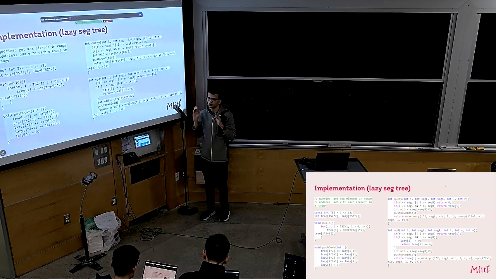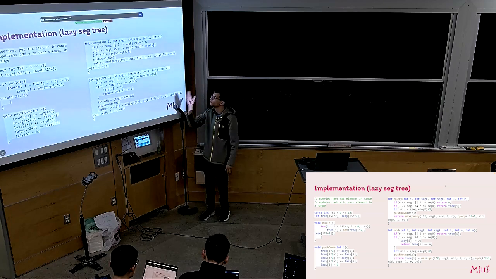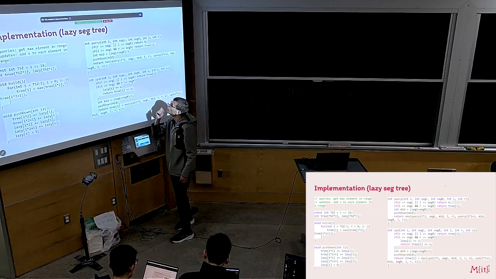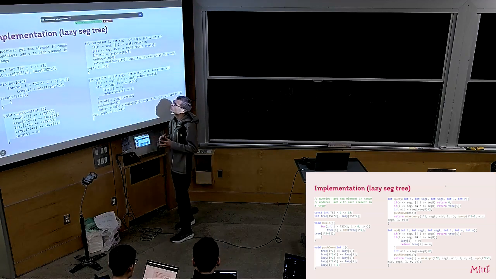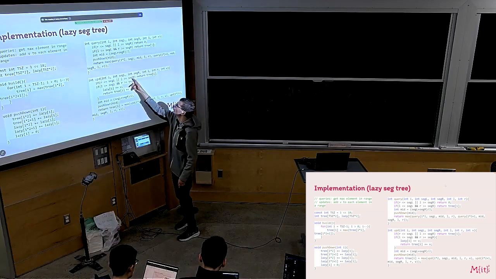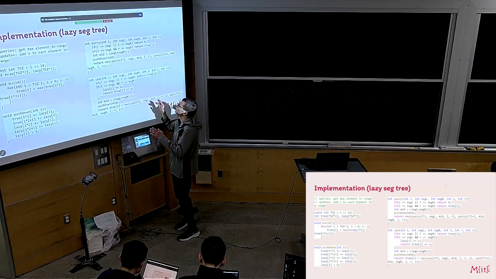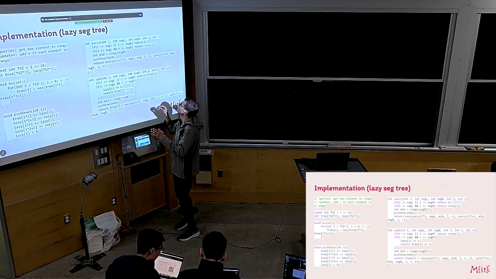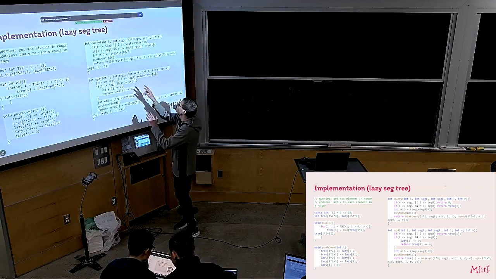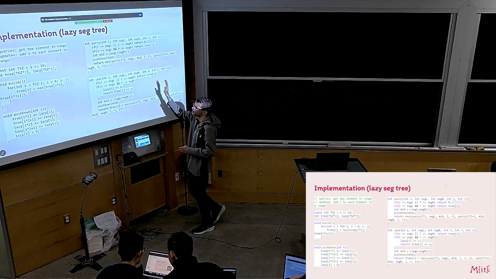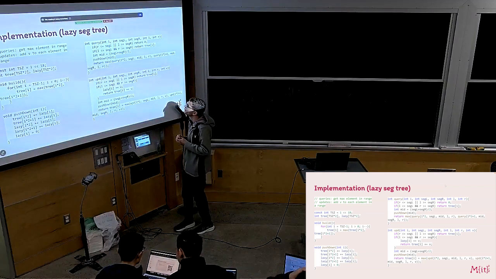And the recursion you do for the update function is very similar to the recursion you had to do before. So the 3 cases are the same. You have one case of what happens if the range is completely disjoint from the segment, in which case I don't do anything, I just return a value, I don't update anything.